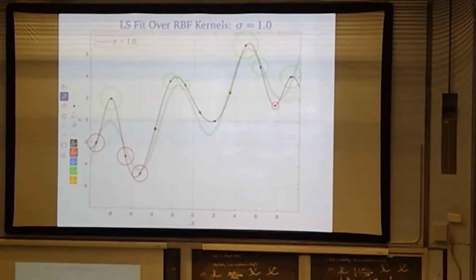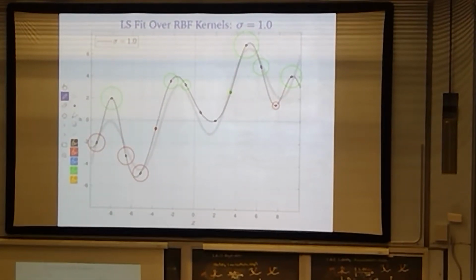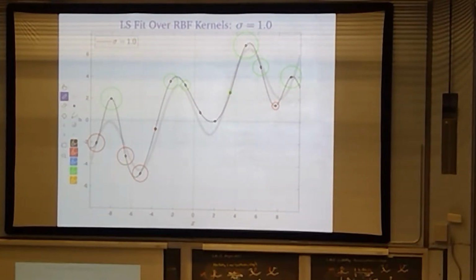Now let's think about the kernel, right? So far we just see the least square regression over features. We play with features. What if I use RBF kernel? Implicit lifting, okay? In the kernel approach, I only know the pairwise similarity between instances.